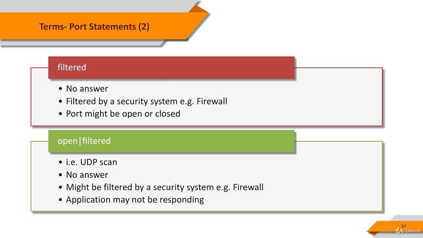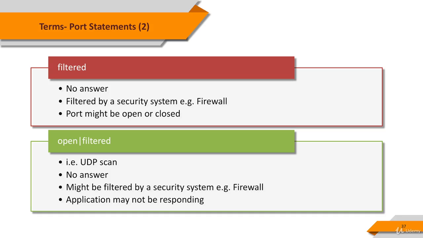On the other hand, if the destination system returns an unexpected response, again the port is considered to be filtered. If we get an ICMP unreachable response in a SynScan, the port is flagged as filtered. Now, in some cases, the lack of a response may not necessarily mean that a port is filtered.